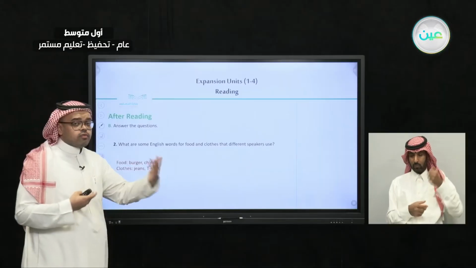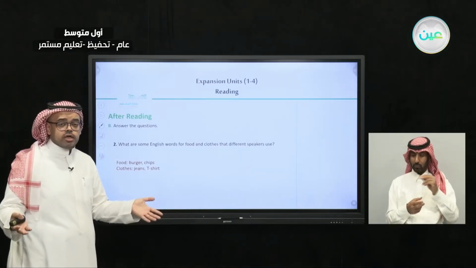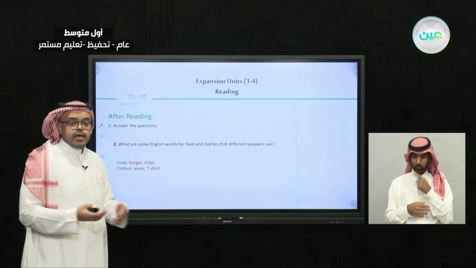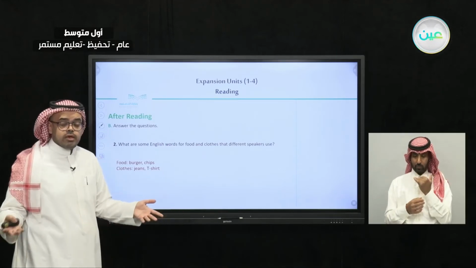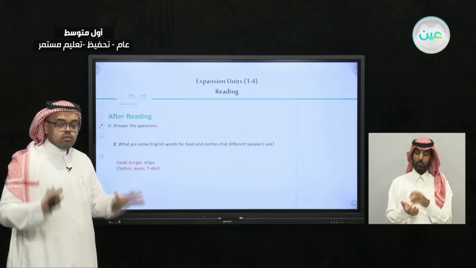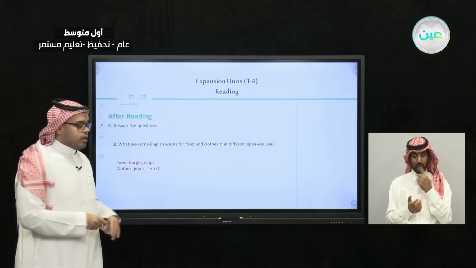So we have a lot of words that we can use in English and Arabic as well. And the same goes for clothes like jeans, t-shirt, shorts, all of these we can use in English and also in Arabic, as we said that these are international words that can be used in all languages.